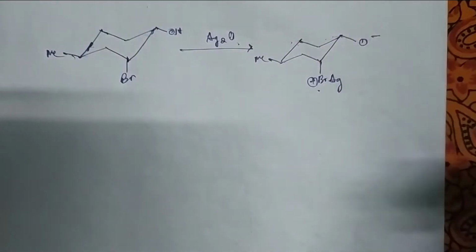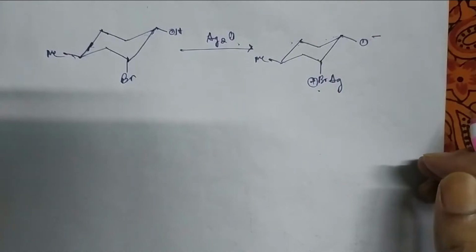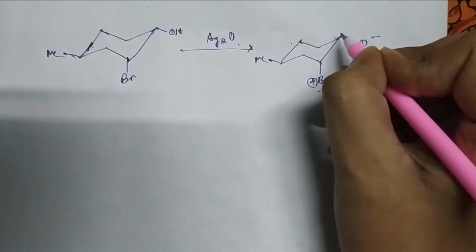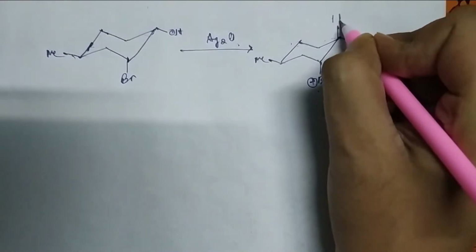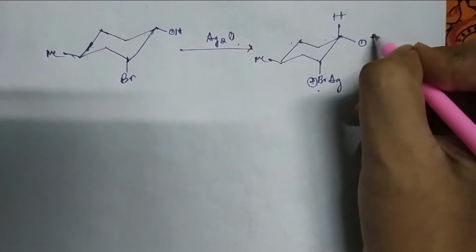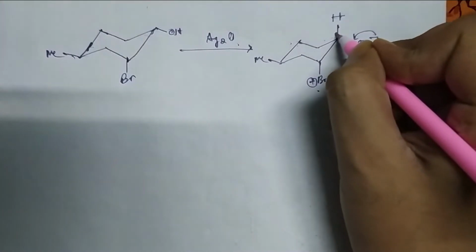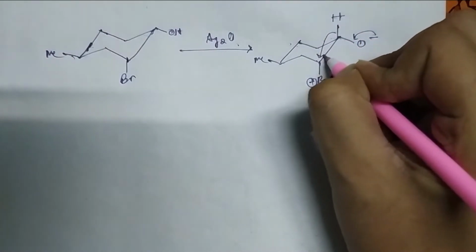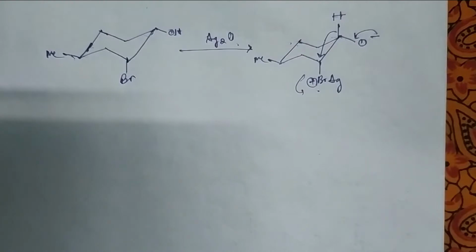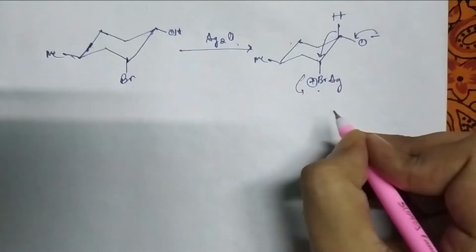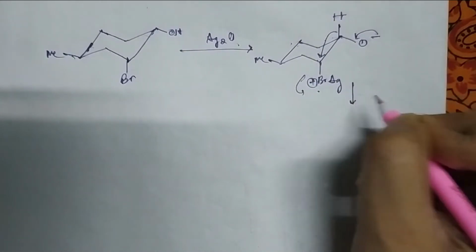So you know that for the elimination reaction the groups have to be perfectly oriented. There is an axial hydrogen, so this O minus pushes back, this hydrogen comes here and AgBr leaves. So what do we get?